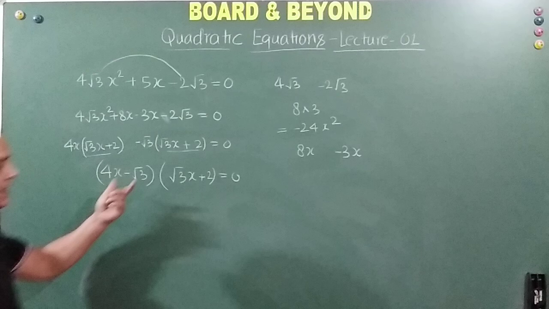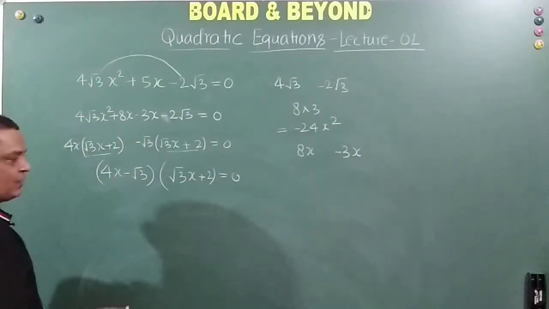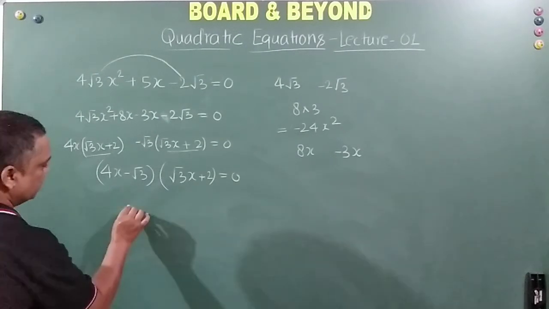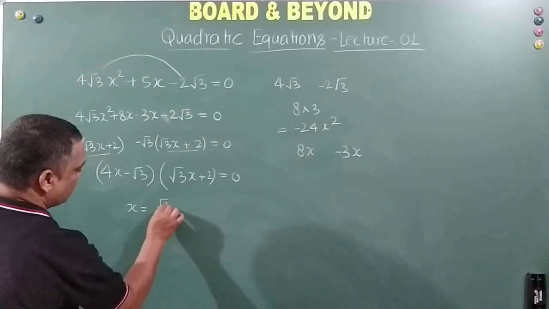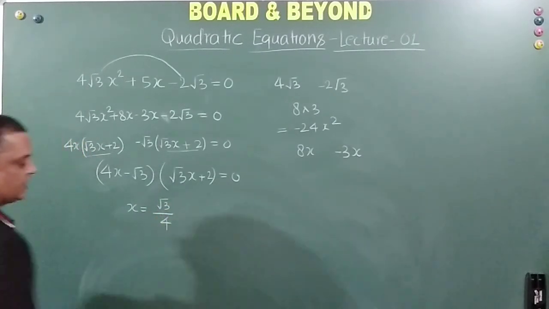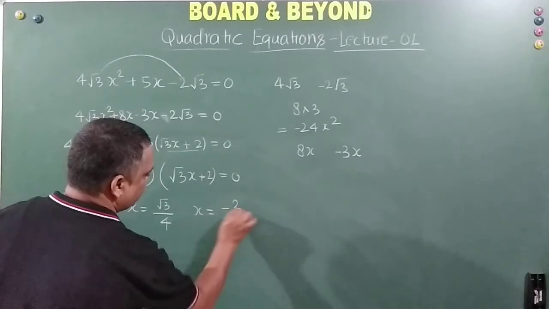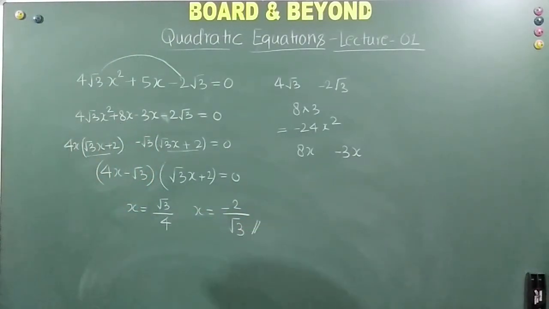So the product of this and this is equal to 0. Equating them one by one to 0, x is equal to root 3 by 4. This is 1. And x is also equal to minus 2 by root 3. So these are the two solutions that we have.